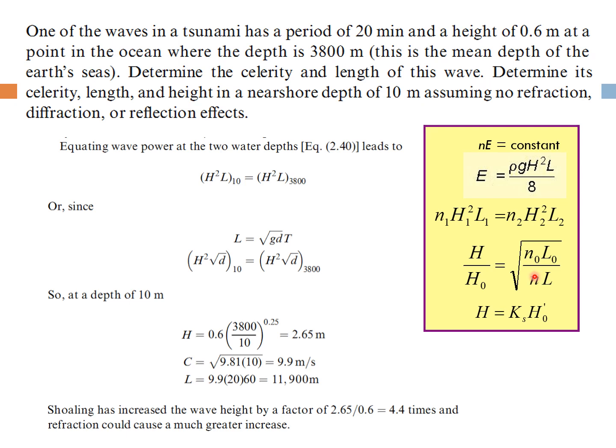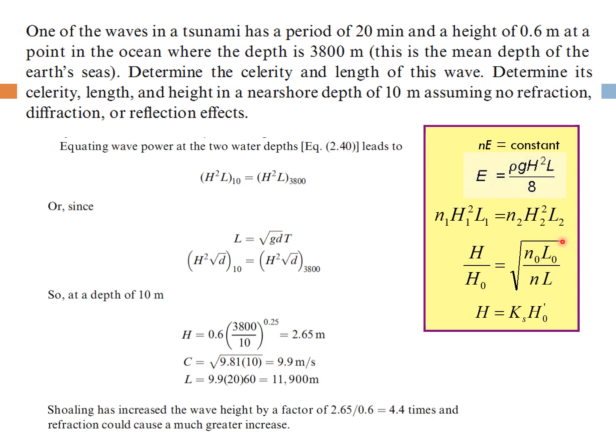But for the case of tsunami, since a tsunami behaves as a shallow water wave from the source up to the shoreline, the N value is the same all the time. The N value equals 1 for a shallow water wave. So if there's no change in N, then the change in the wave height of a tsunami only depends on the change of its wavelength.